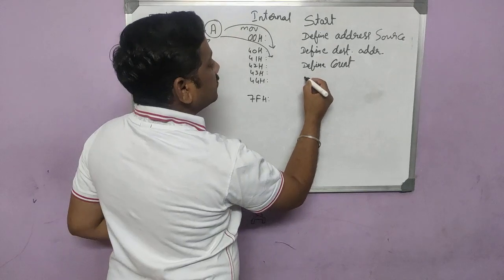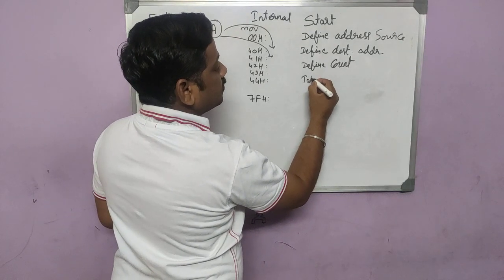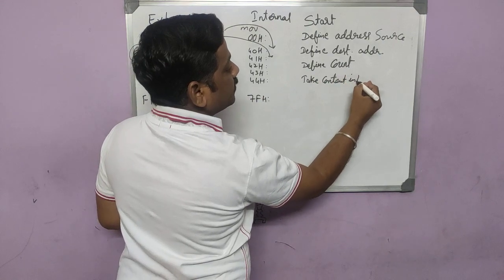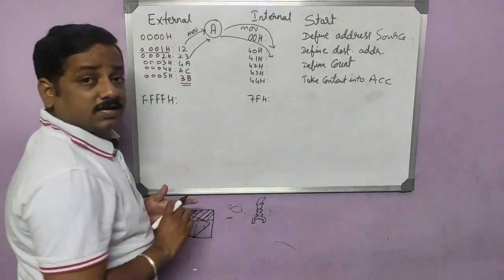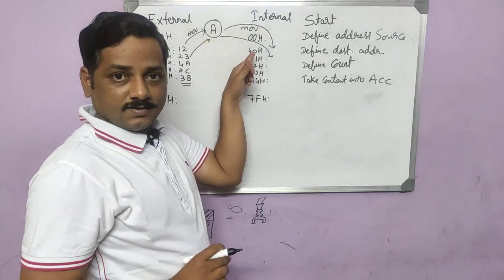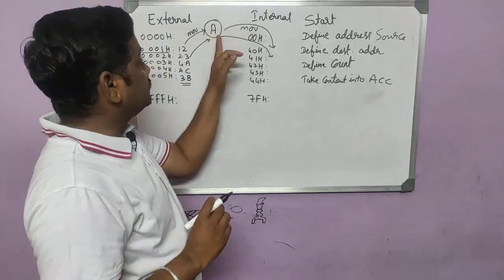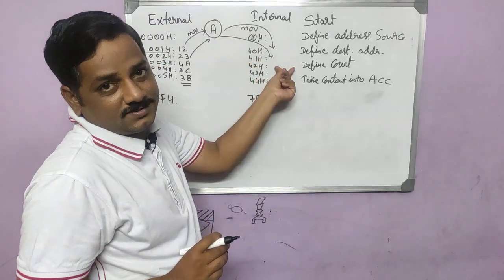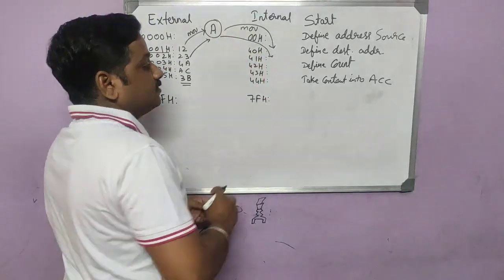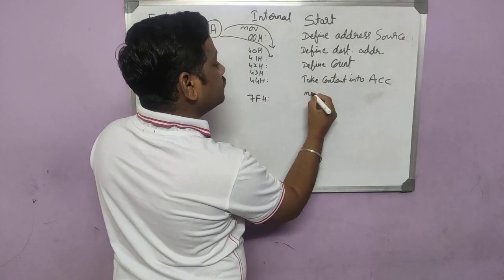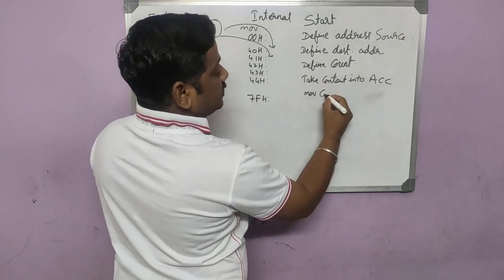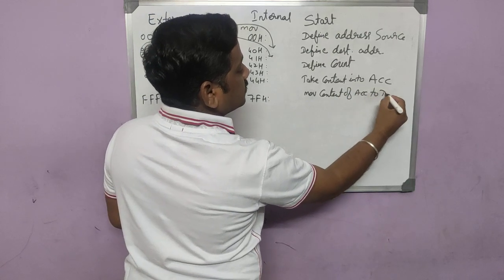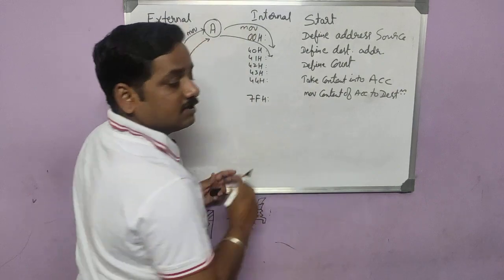So I move the content from the source to the accumulator. That is the step. After this, from the accumulator you move it to the destination. This is the destination address. So the next step is to move the content of the accumulator to the destination.